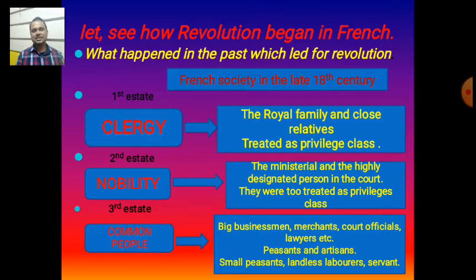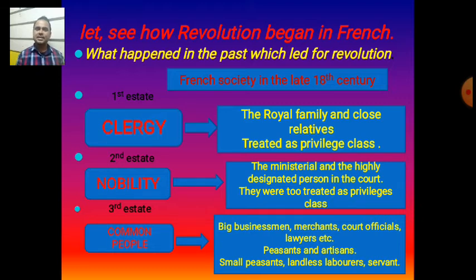To understand that, we need to see how the French society was structured, what the governing system of France was, and many aspects of the society and the government. First we will try to understand the social structure of France before the revolution.